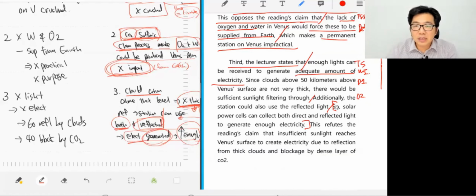So what I mean is, even if you didn't write this sentence down, you would probably get the perfect score, okay? Yeah, definitely. So solar power cells can collect both direct and reflected light to generate enough electricity. Okay, so yeah, it's a consequence, and we wrote it loud and clear in our first sentence. Enough light can be received to generate enough electricity for humans to live, right?